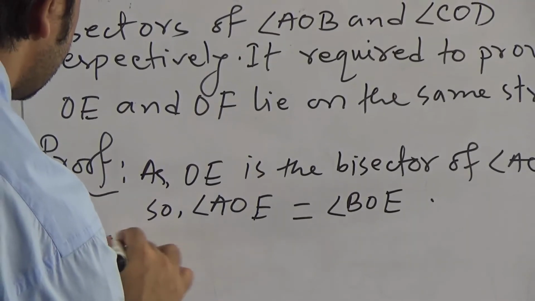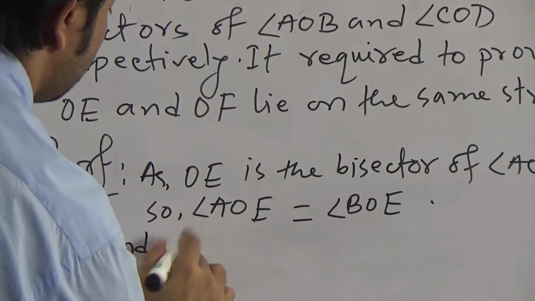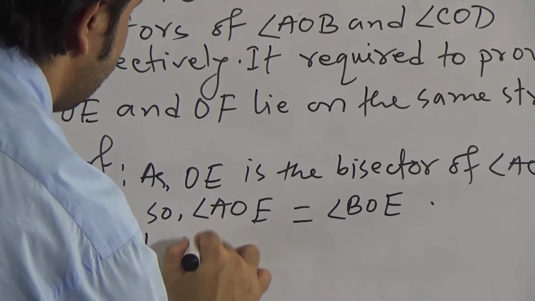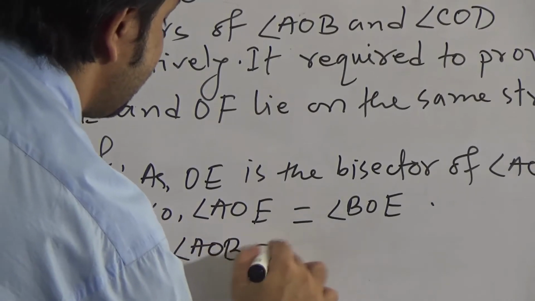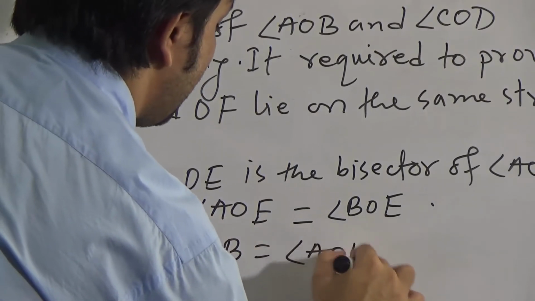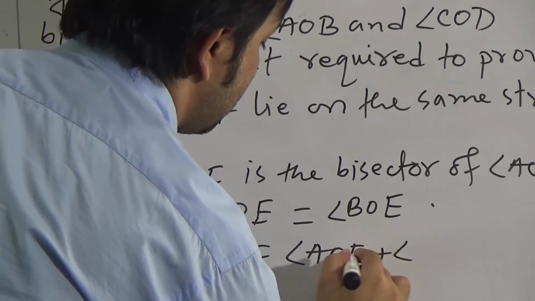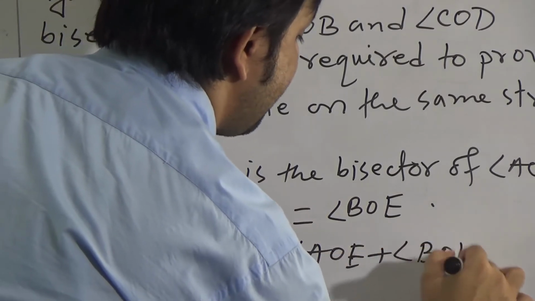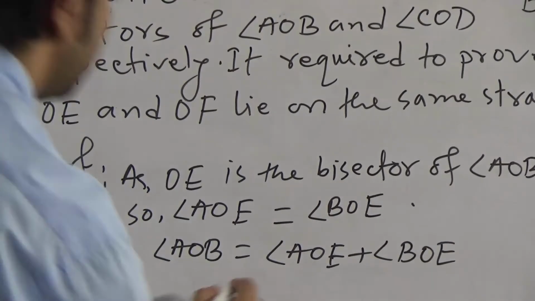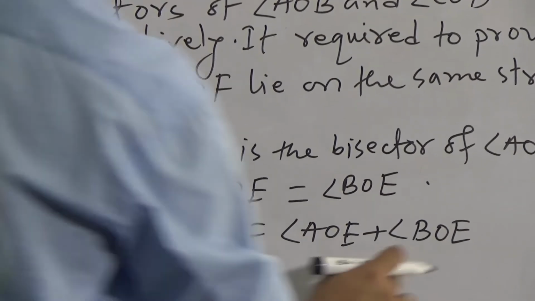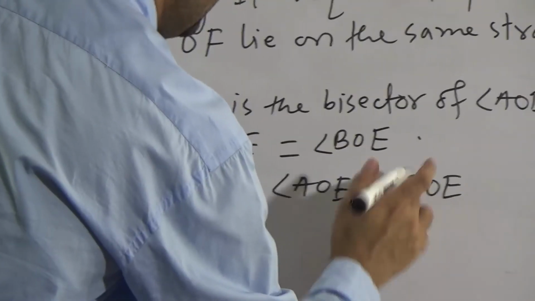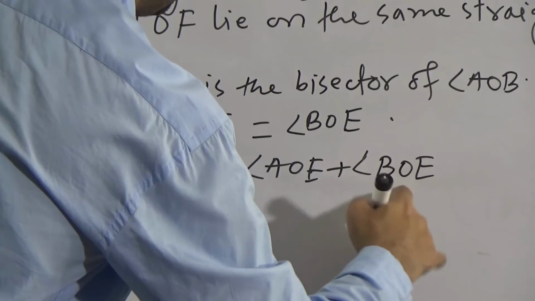And so the sum of these two angles will be equal to angle AOB. It means that angle AOE plus angle BOE. Now we can put angle AOE in the place of angle BOE.